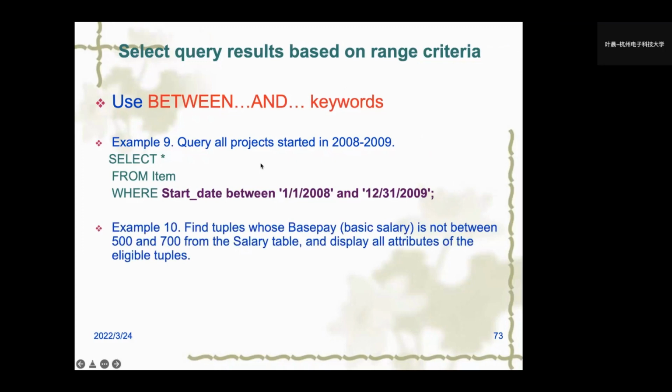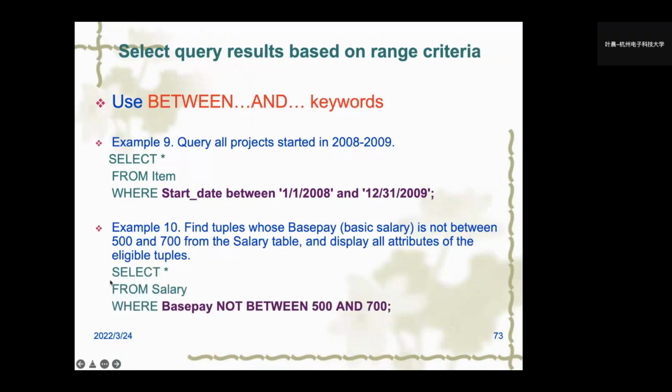And let's see the next example. If you want to find tuples whose base pay, which means the basic salary, is not between 500 and 700 from the salary table, and display all the attributes of the eligible tuples, which one do we need to use?